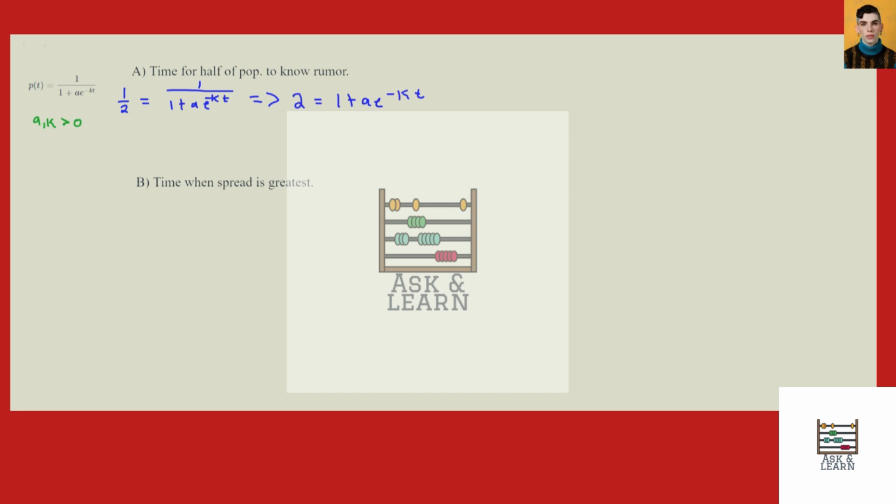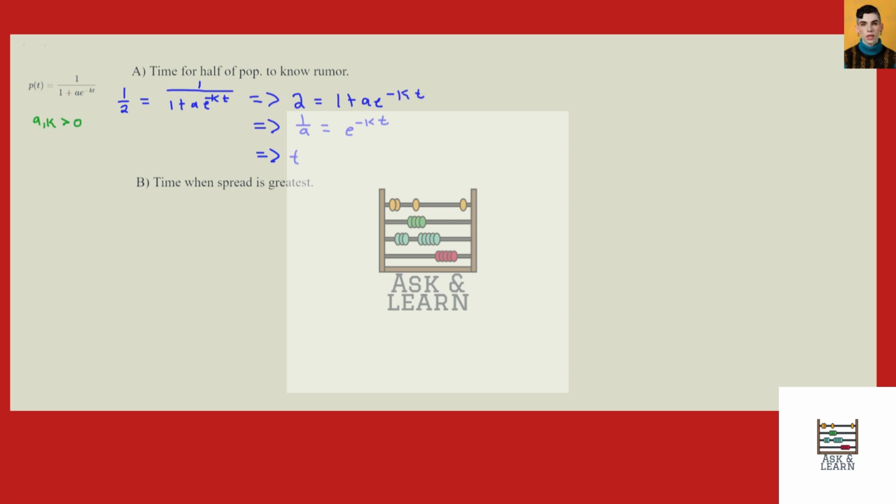Then we can go ahead and subtract 1 and then divide by a, which is going to give us that 1 over a is equal to e to the negative kt. Then we can take the natural log on each side to cancel out our exponential e and then divide by negative k.